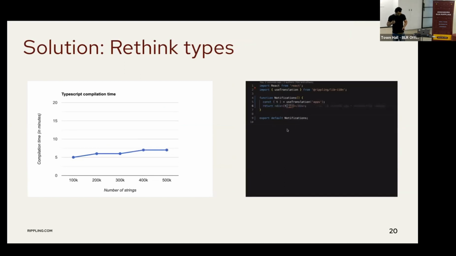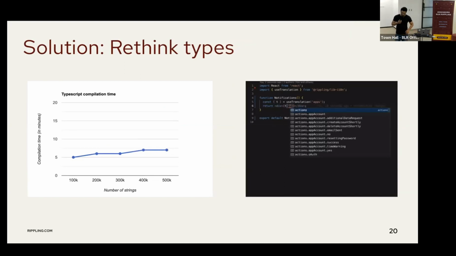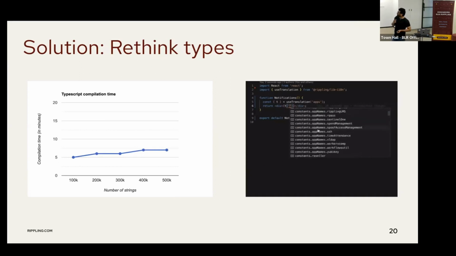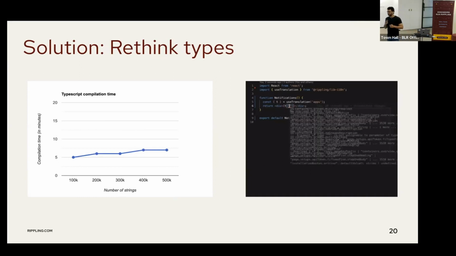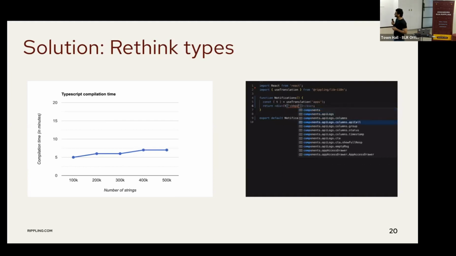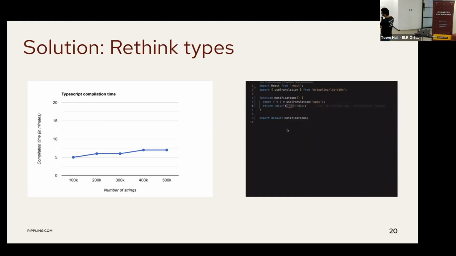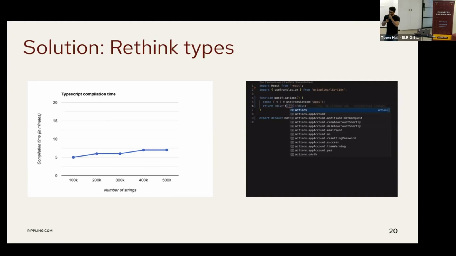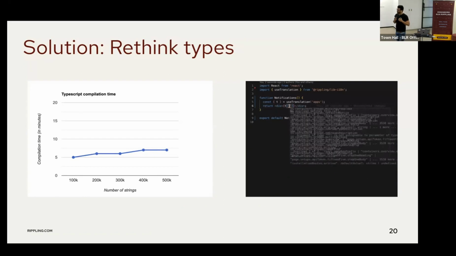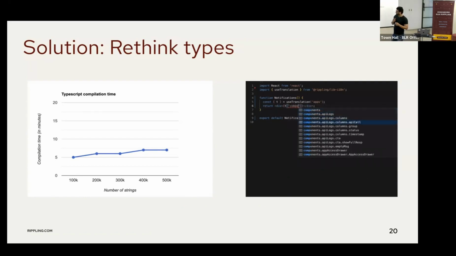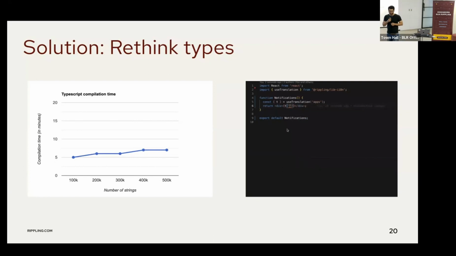We rearchitected or rethought those types, and we wrote our own types on top of that and overrode that. But how is that solving it? Whatever the possibilities of those keys were, we pre-generated those on our end, and then we gave them back to the library. So there was now nothing going on the fly.